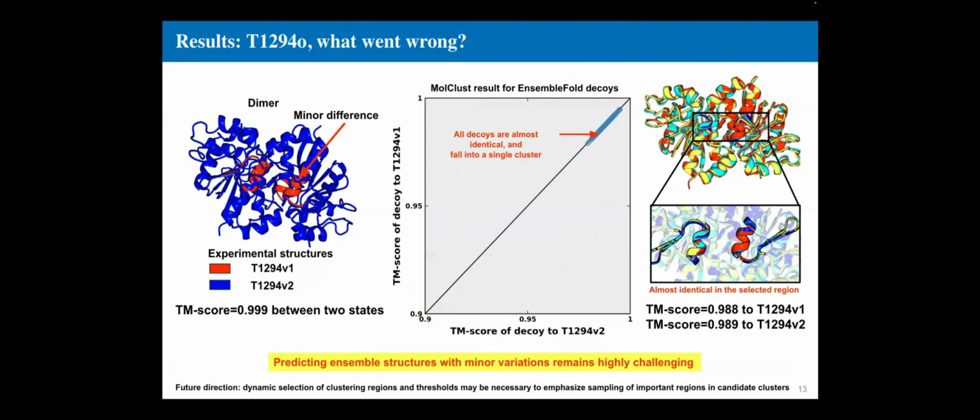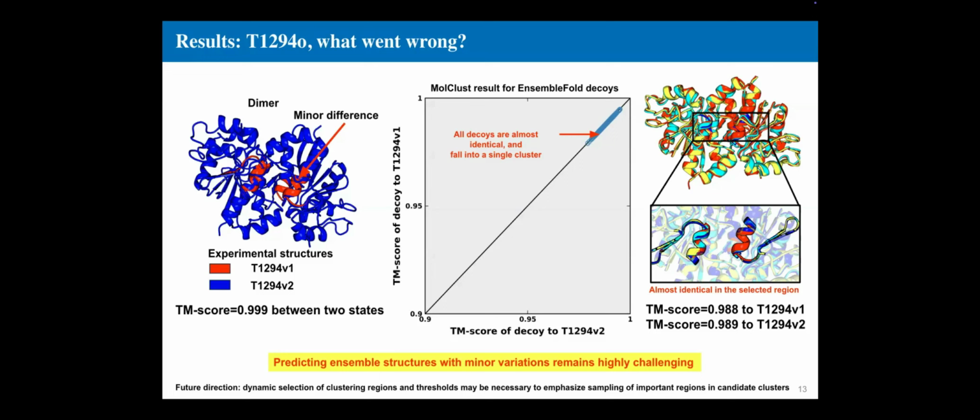And this is another case, a dimer complex with two different states, but the difference between these two states is quite minor, which is shown here. Because the native or experimental structures are quite close, our modeling method can't generate different decoys, which means almost all decoys are identical, and our clustering program failed to distinguish them.